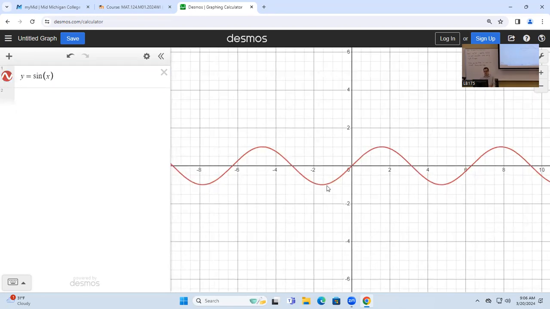Notice while this is a function, because it passes the vertical line test, it's not 1-to-1 because it's not going to pass the horizontal line test. Okay. So as a function, sine, the inputs can go from negative infinity to positive infinity.